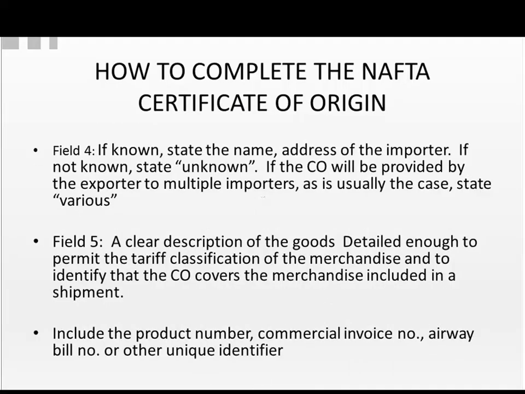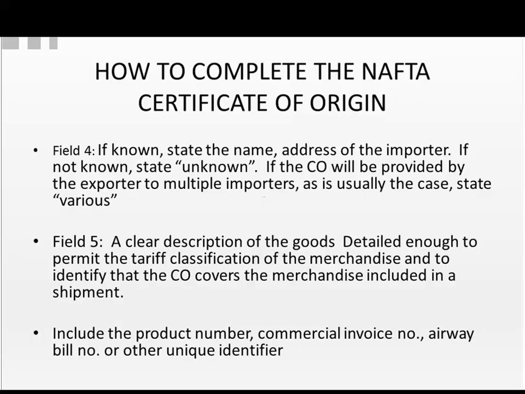Field number 5 requires a clear description of the goods, detailed enough to permit the tariff classification of the merchandise and to identify that the CO covers the merchandise included in a shipment. So you need to have some descriptors of the goods, such as the product number, commercial invoice number, airway bill number, or other unique identifier of the goods.